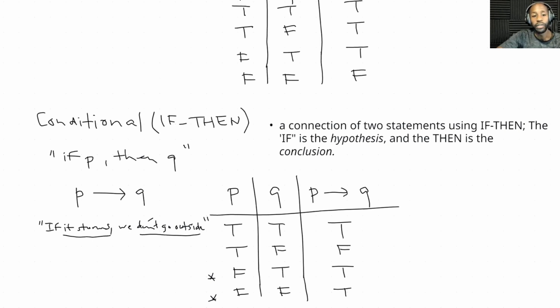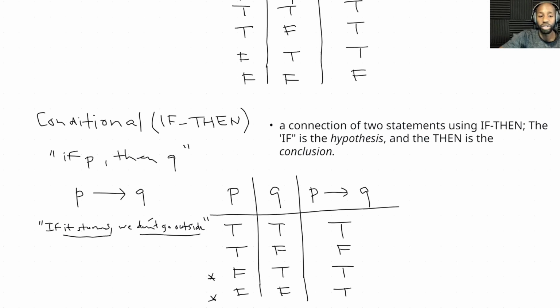All right. If the hypothesis is true, but then this is false, let's think about that. That's saying if it storms, not that we don't go outside, we do go outside. So that does not work because if it storms, we're not supposed to go outside. So that is false.